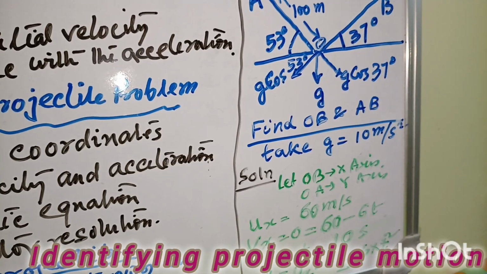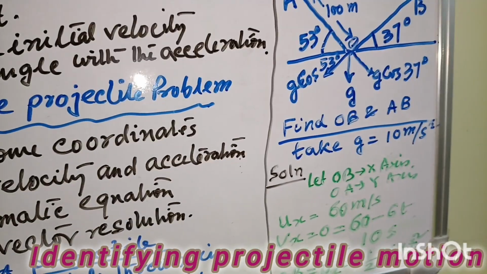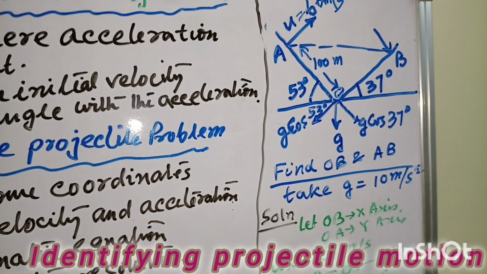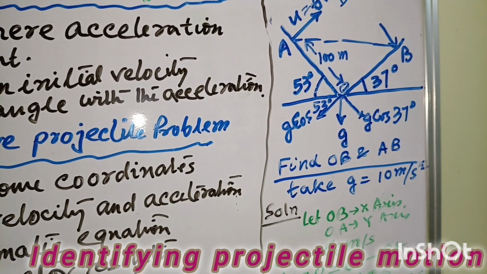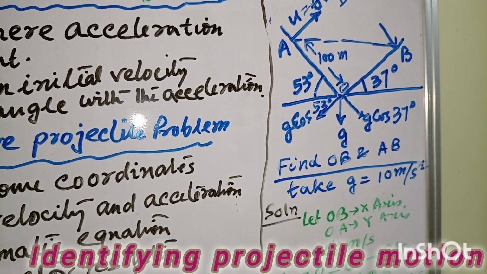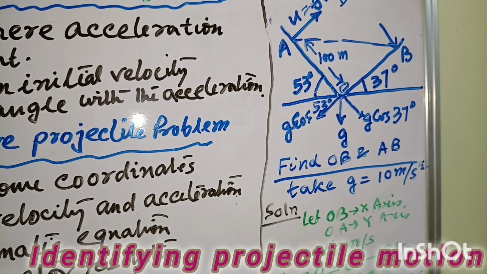Suppose we take OB as the x-axis and OA as the y-axis. In that case u will be ux because it is along the x-axis, and it is 60 meters per second. Now acceleration is towards the ground, g, vertically downwards. So we resolve the acceleration along the two axes.